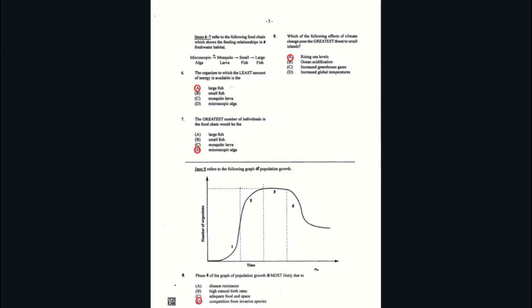Number 8 says, which of the following effects of climate change pose the greatest threat to small islands, right? And the answer is going to be rising sea levels. And let's just say you did not know. Let's think about it. We live on an island, and we're really small, right?